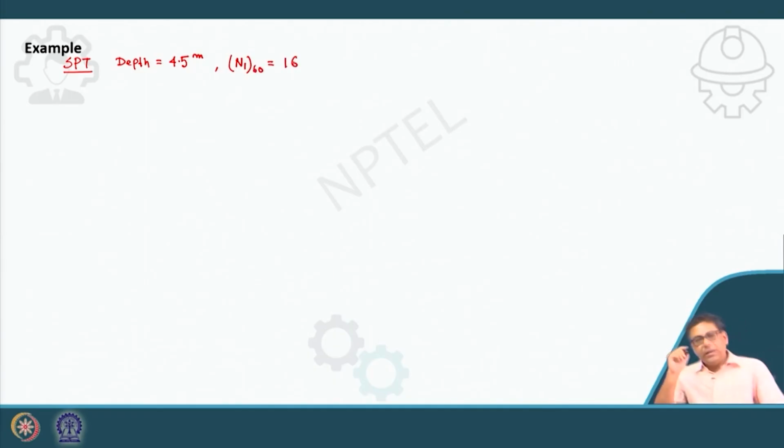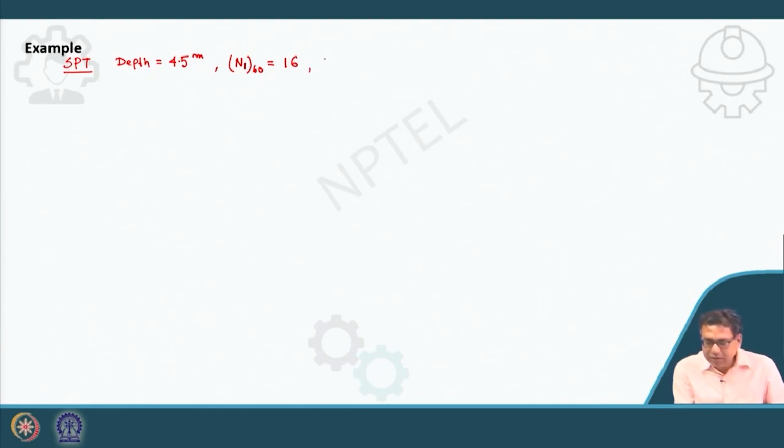That means the N value has been measured at 4.5 meter depth for a particular site, then it has been normalized and converted to 60% hammer efficiency. So first is the measured data, then it is converted to N160, and the conversion procedure I have already discussed in my SPT lecture. So you can convert it, you will get the N160.